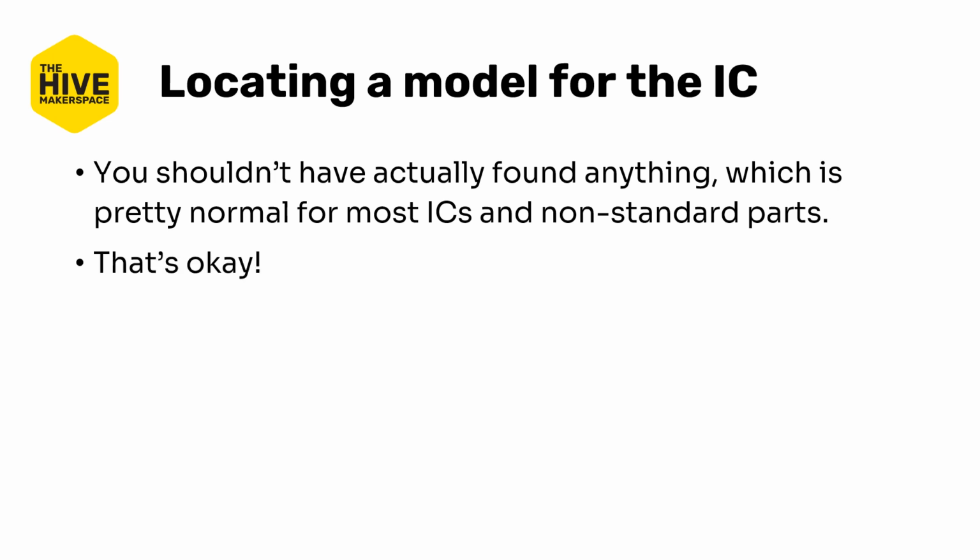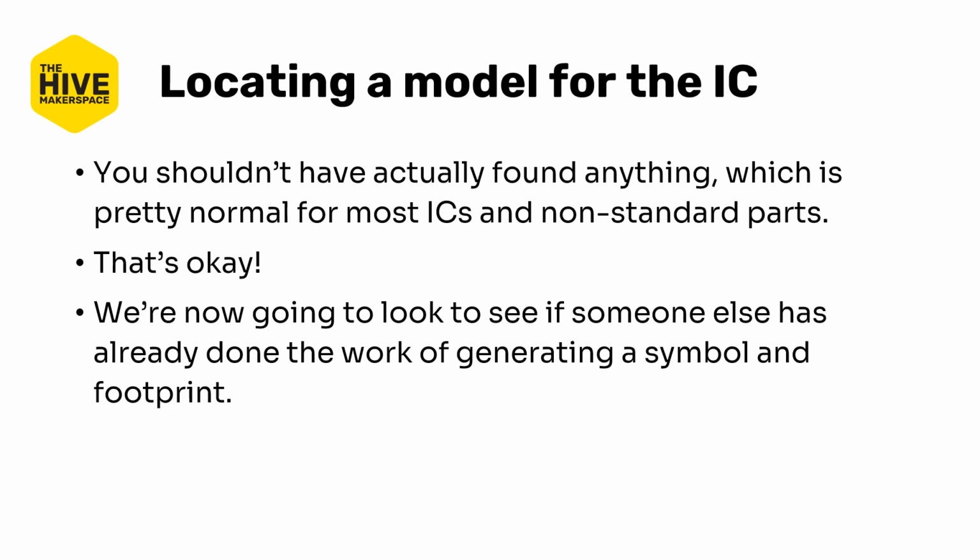But the next check is going to be to see if models have been already professionally generated somewhere. It's always preferable that somebody else, that you trust, has generated these models previously, not you, partially because it saves you a lot of time, and also because it's much less error prone if a professional makes them rather than you, because that is their job.